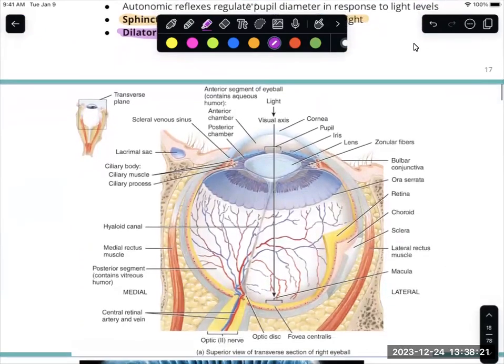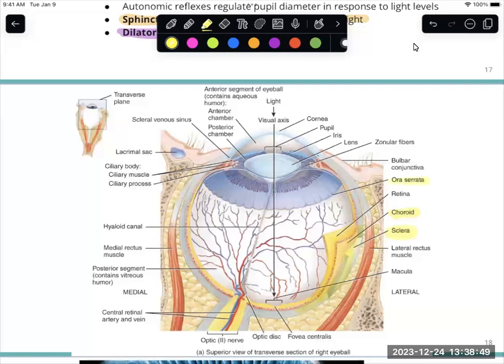So let's look at what we've talked about so far. That sclera is that white of your eye, makes up most of the outside layer. Then we have that choroid, which is that middle layer. It has lots and lots of melanocytes in there because it's producing that melanin that really helps to absorb light rays.